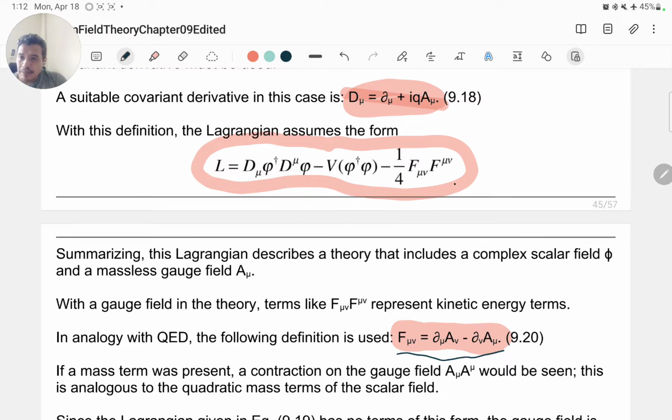So later on, if we apply the Higgs mechanism, we would have to see a contraction of A mu with a certain coefficient, and that would be then the mass of the gauge field.